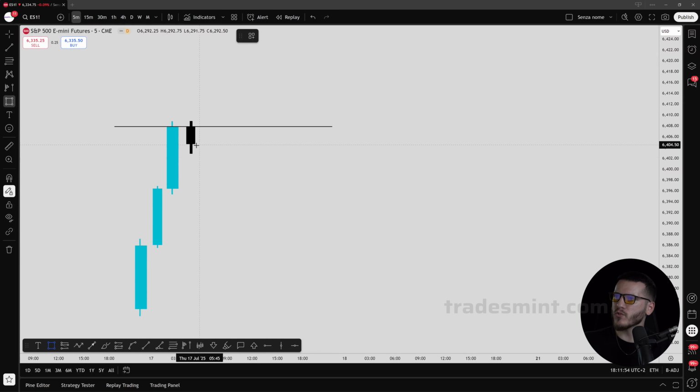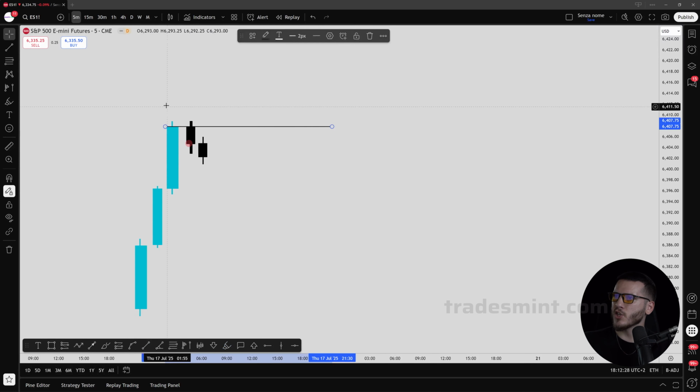We have to wait for another candle closing below this candle's close. Now I'm drawing a bearish candle, but it could easily be a bullish candle that closes around this area, but still below this line. Once we have one and two closes below this close, we will qualify this level as the top of our range.